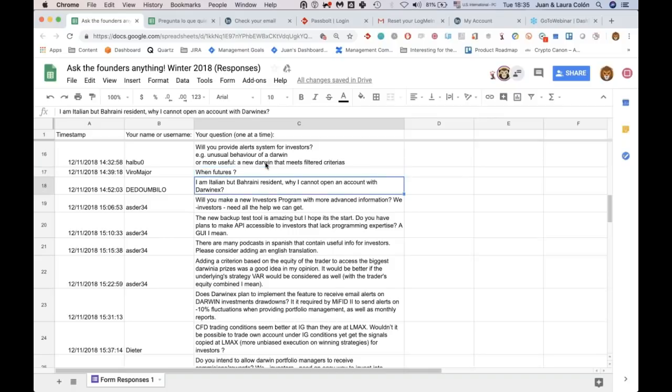So there's a long-standing question about when to do features. Let me put it this way. We know the Darwinex concept has strong institutional potential if and when we offer exchange-listed assets over and above CFDs, which are useful, but leave out a significant portion of the more professional managers.